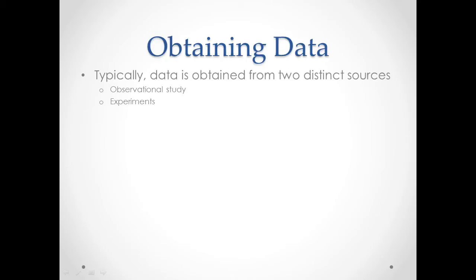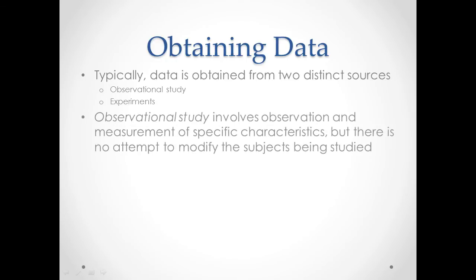So obtaining data right from the start is really only done in two specific ways. We obtain data from observational study, which is the most common way to collect data, and experiments, usually done in the medical field. Observational study will include observation and measurement of any specific characteristics that you see while observing.